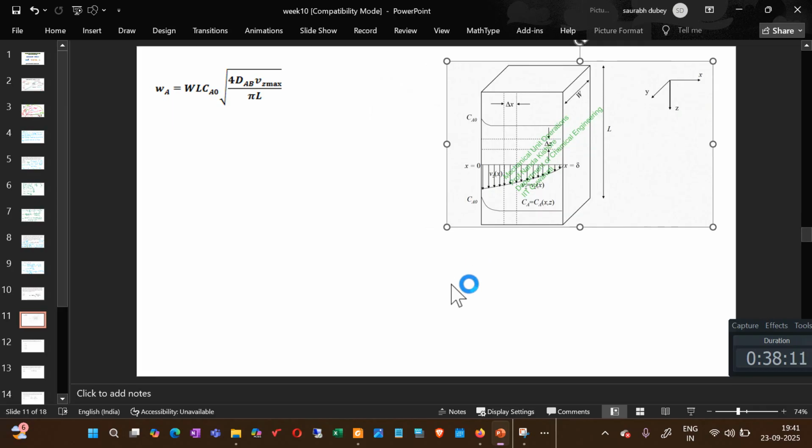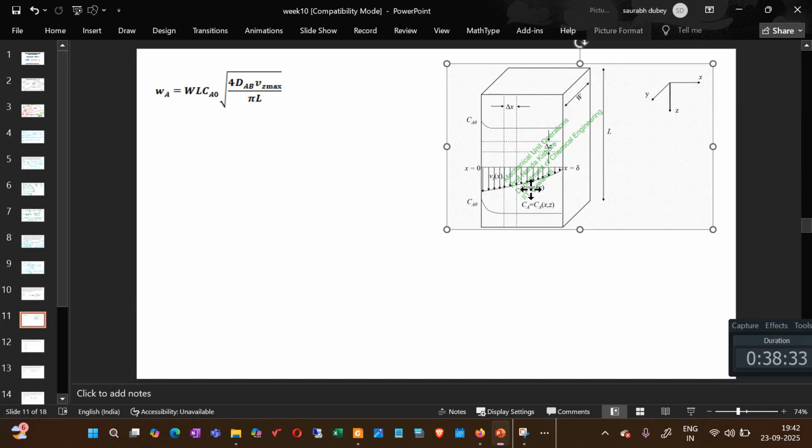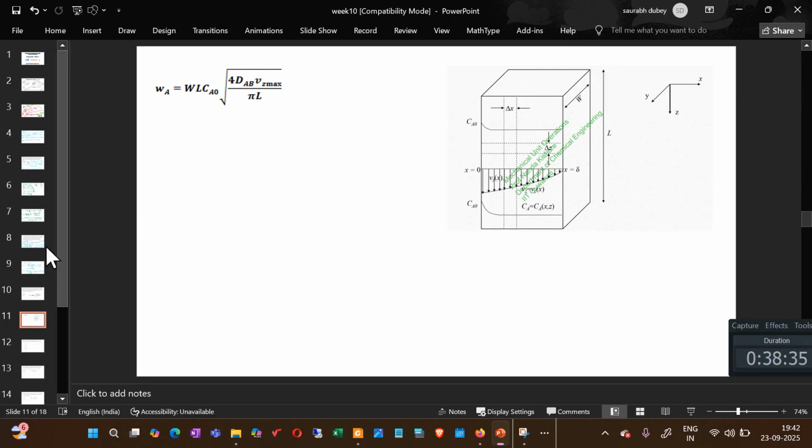Okay, so this is that entire picture under which you are going to solve it, right? So we will be having the discussion of the same while solving this.